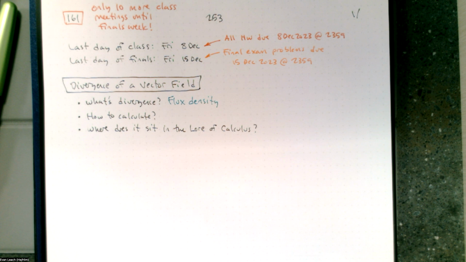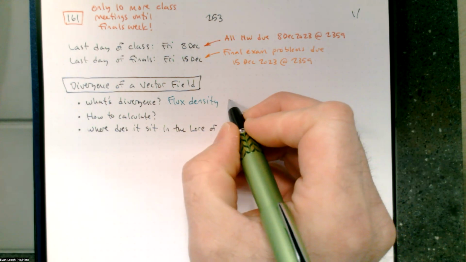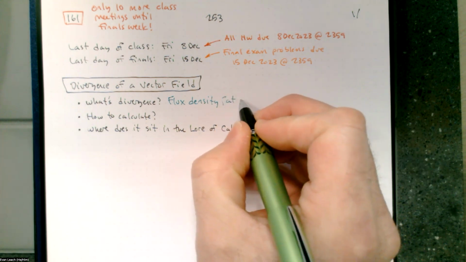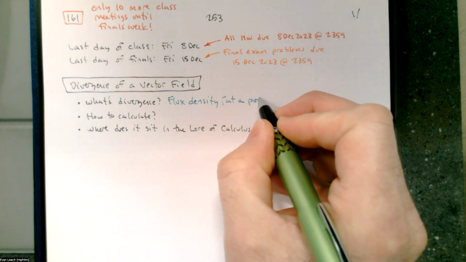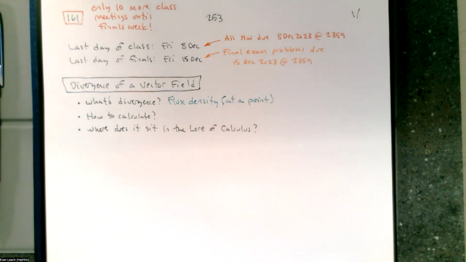The big clue as to where this sits in the lore of calculus is that we're going to be calculating the flux density, and this is specifically at a point. Divergence is flux density.